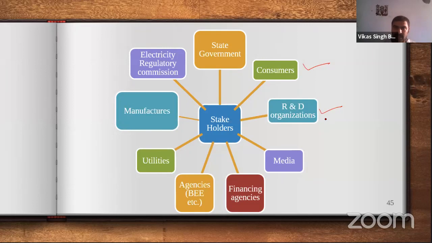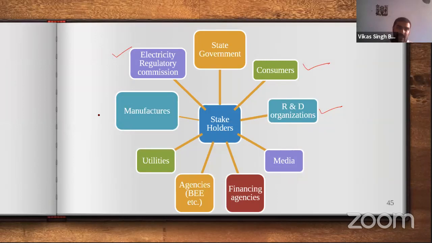Now media is also one of the major stakeholders, because media can raise awareness among consumers and the public about DSM programs. Then electricity regulatory commissions will form the proper guidelines, rules and regulations for implementation of DSM.